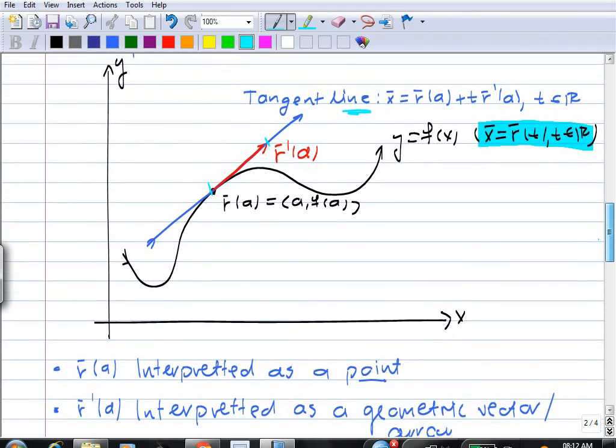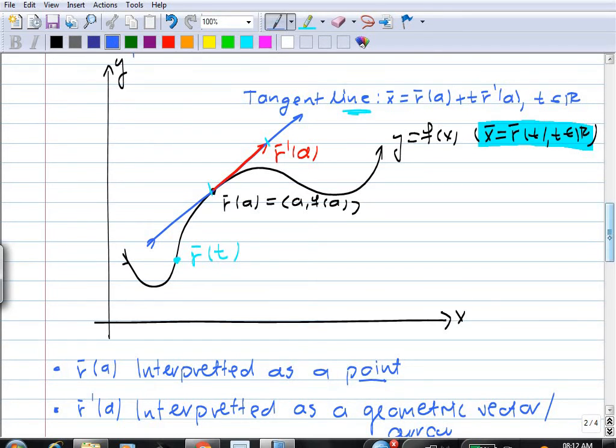Here we should note, right? So remember, we have two different interpretations for a vector. Right? Either it can represent a point, and in this case we interpret r of a as a point, right? And in fact, r of t, for every t, gives you a point on the curve. On the other hand, here it is useful to interpret the derivative of r as a geometric vector or as an arrow.